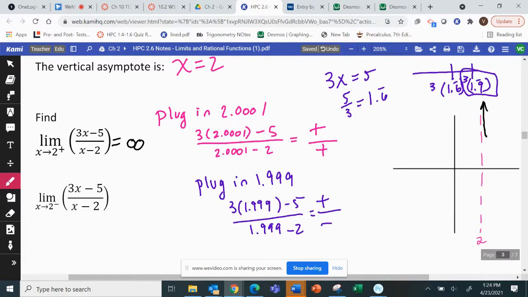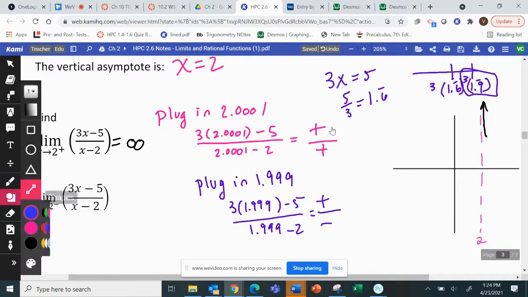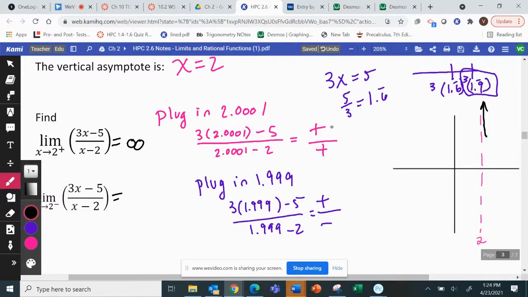So this is approaching which infinity? The negative infinity. So on the left side of the graph, my graph is going to be going down as it approaches the asymptote. So you're not going to have a calculator to know what the graph looks like. You've got to use things like limits to figure out what the graph looks like.